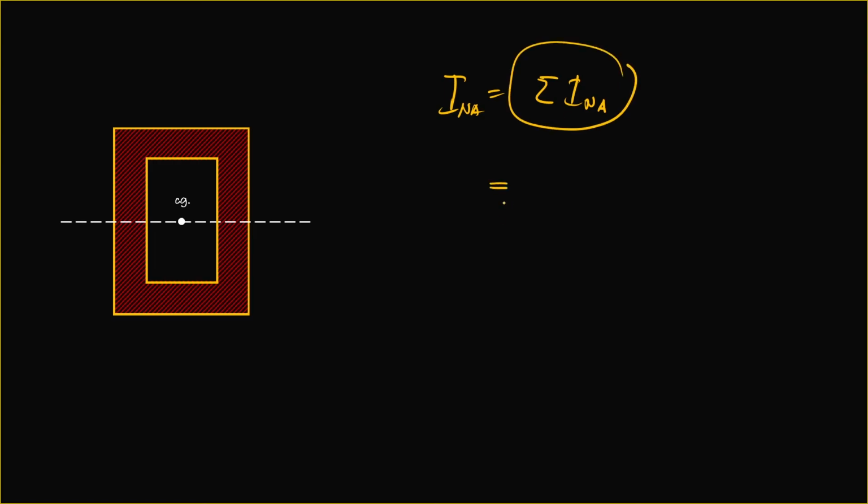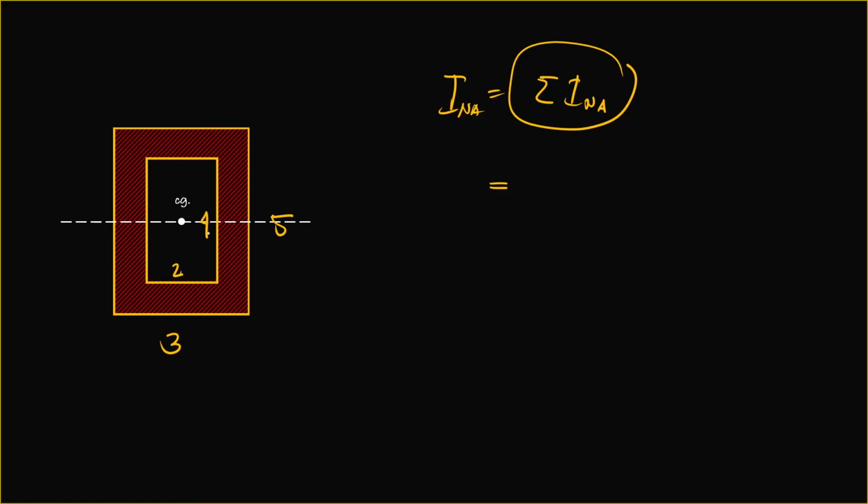For the larger rectangle, and for the other rectangle, suppose this is 3 and this is 5, and this one is 2 and this is 4.